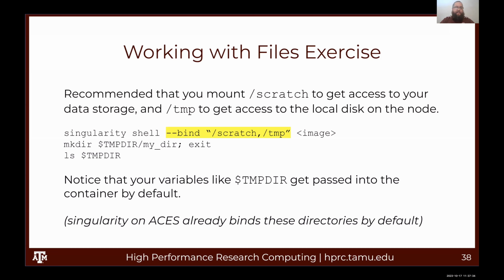You can use any image for this purpose, because all we're doing is just making a directory. All the images other than Hello World can do this, so just pick one. But watch out for the quotes, because when you copy and paste quotes out of a PDF, sometimes it does not work correctly.